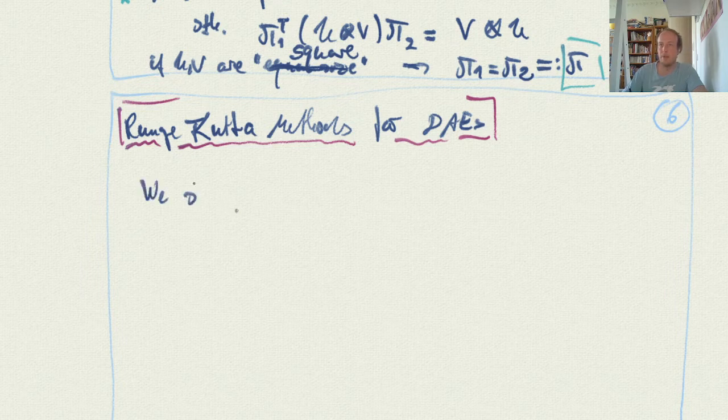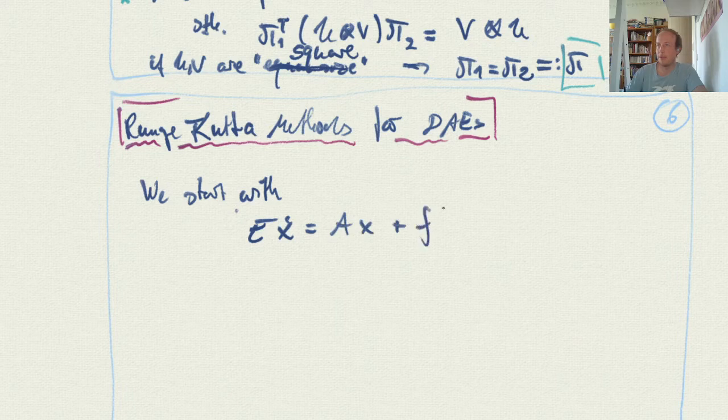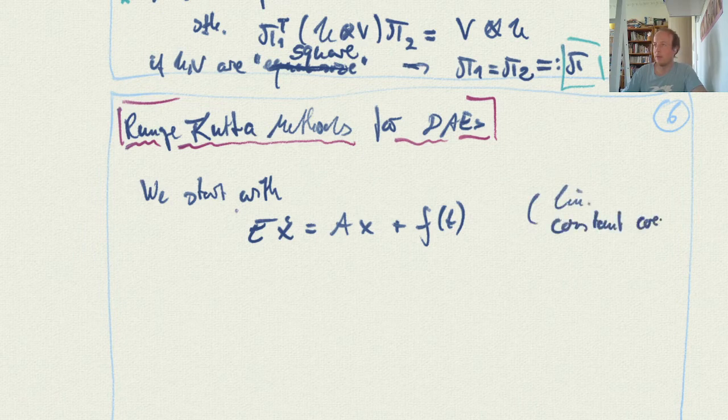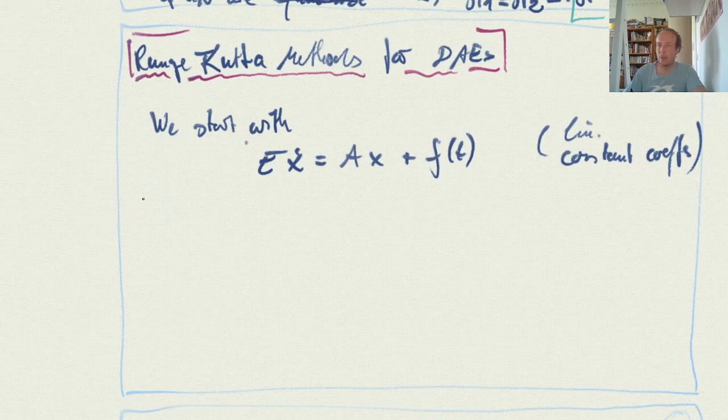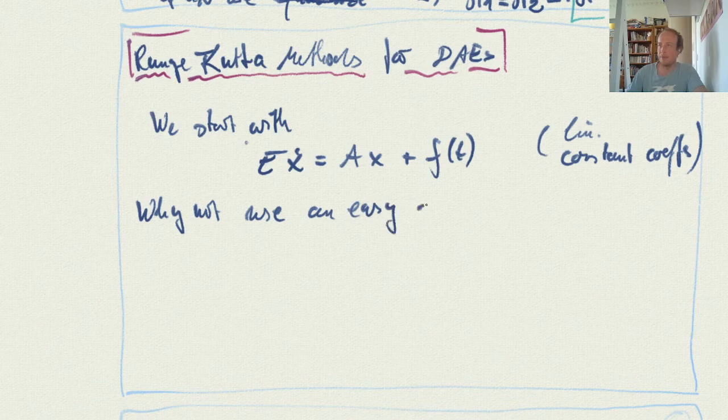So we start with E x dot as A x plus f of t. Linear, constant coefficients. We are new to this topic, so why not use an easy scheme like explicit Euler.